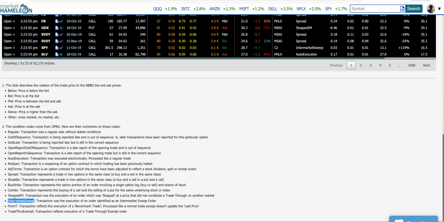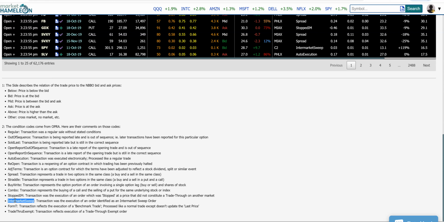So for example, if you want to buy an option and one exchange is displaying the best price, it's offered at $1, and everybody else it's $1.05, so above it. The first thing you'll do is go and try to get it for $1, and then after that it'll go to the next price, $1.05.